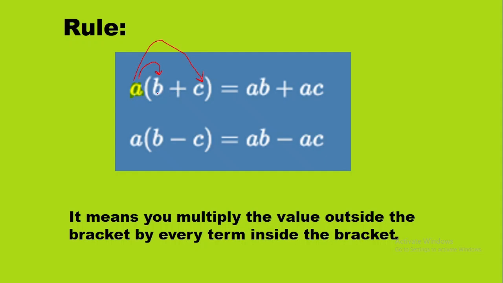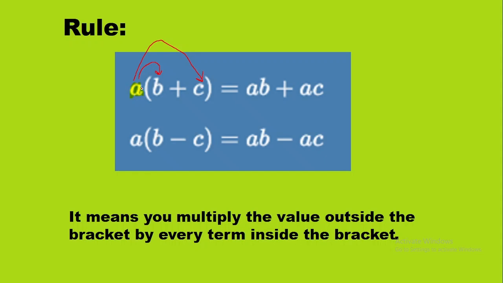If you look right here, we have a plus sign between the two terms, A plus C. If you look below, we have a subtraction sign, B minus C. So it works for both examples, when we have plus or minus inside the bracket, and there are two terms or more inside.